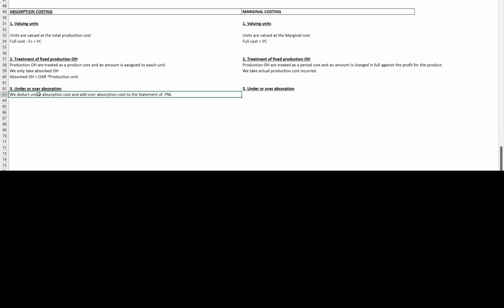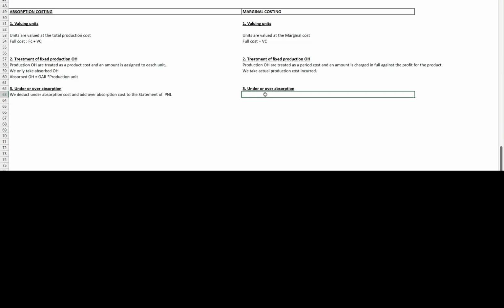So just understand the difference between these two. This might be asked in the theoretical question during the exam, right? So I must say after this differentiation, you will be more clear on this topic. I'm pretty much sure.